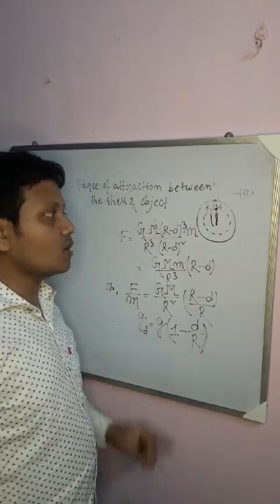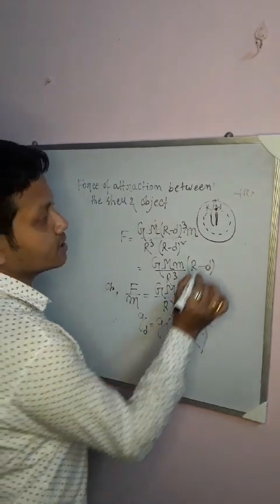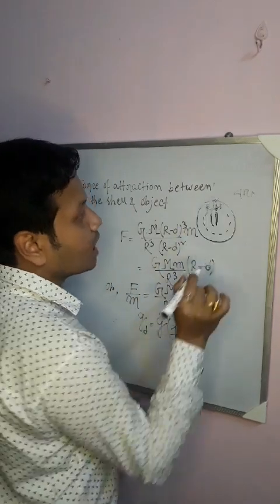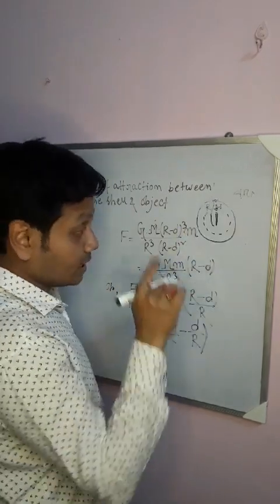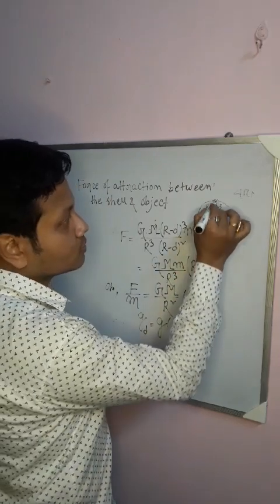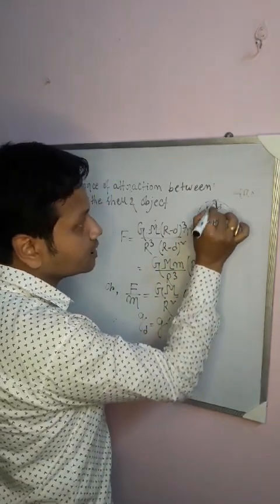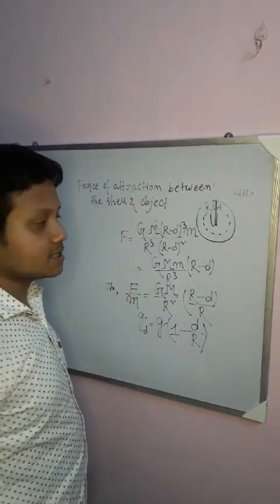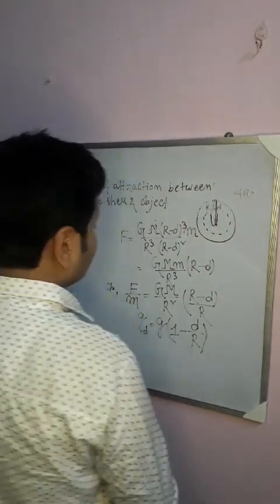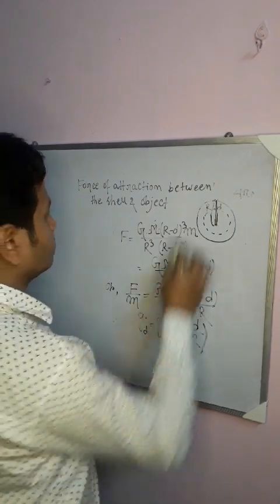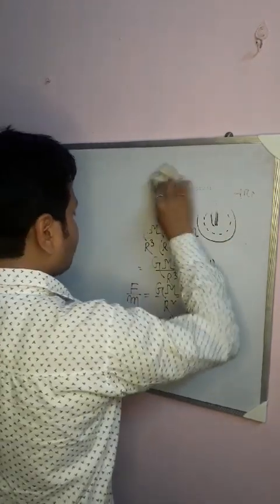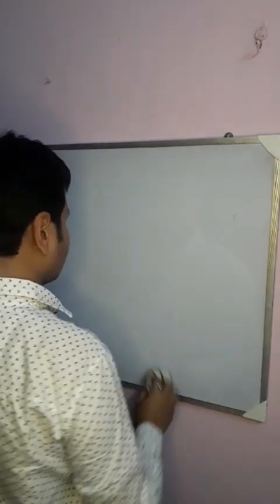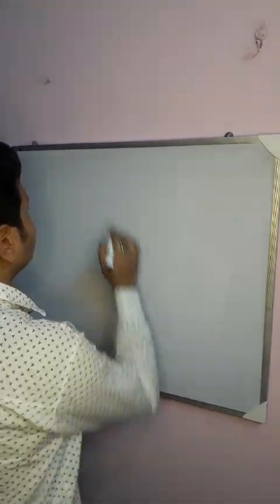Now we all know that if the object is located at a depth d equal to r, then the depth becomes the radius, so g_d will be 0. So whenever you are asked to find the weight of an object at the center of Earth, you have to derive this formula.